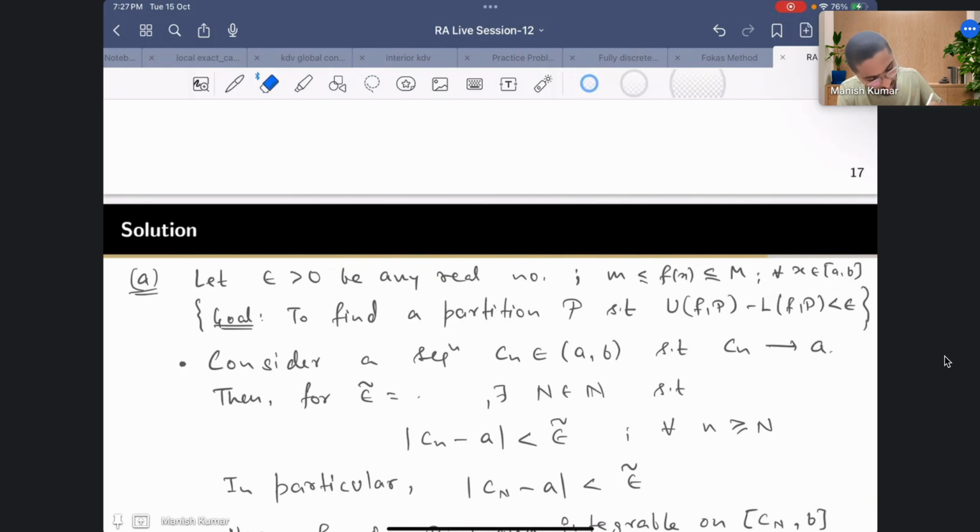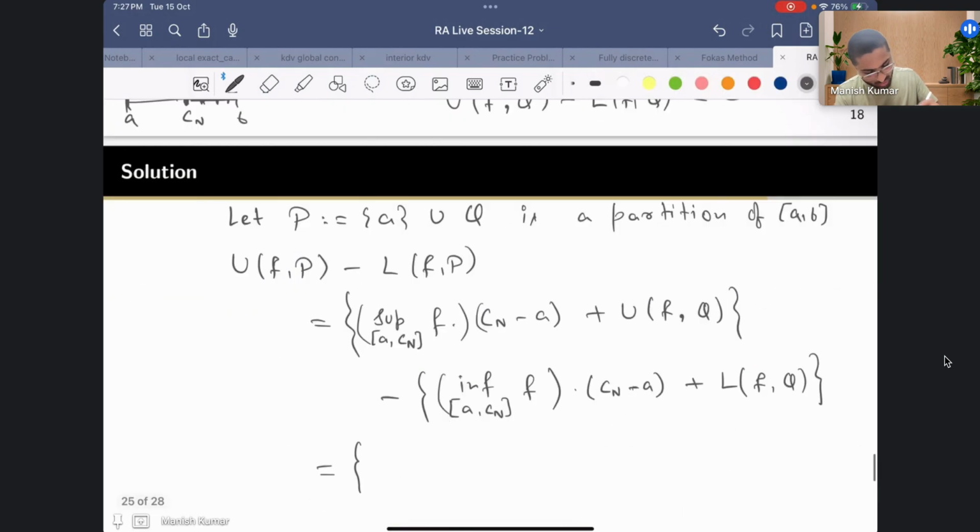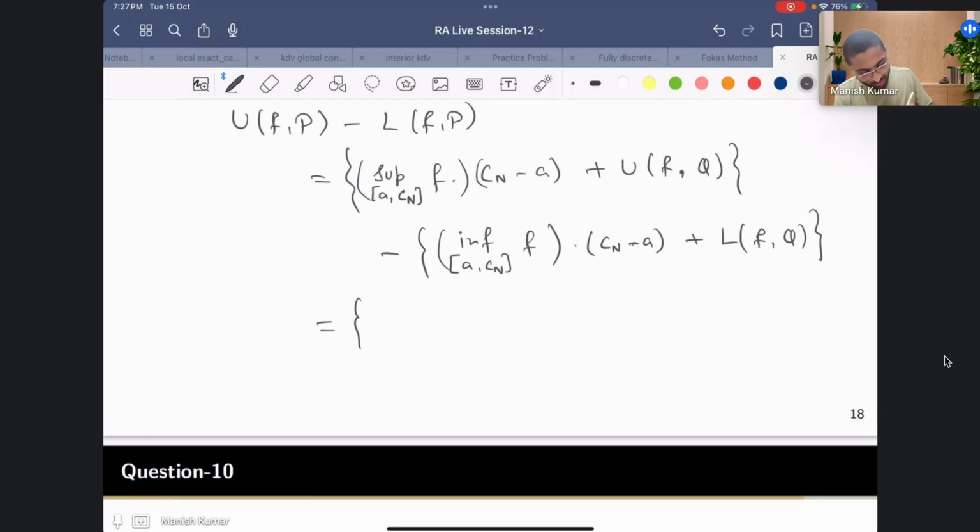Okay, so now this supremum I can bound it by capital M, right? Because that is the supremum of the whole interval AB. So that I am bounding by M, and then, okay, so first let me write this. This is a common, then I will do that. Supremum over A comma Cn of F minus infimum over A comma Cn of F, and then you take Cn minus A outside.